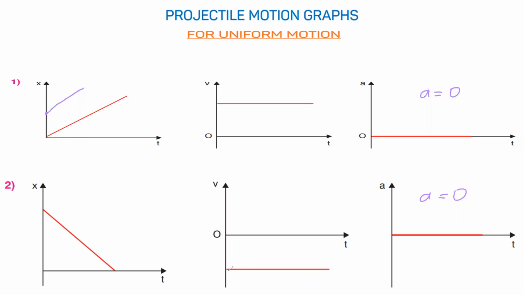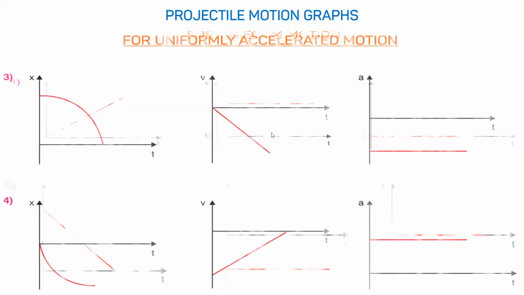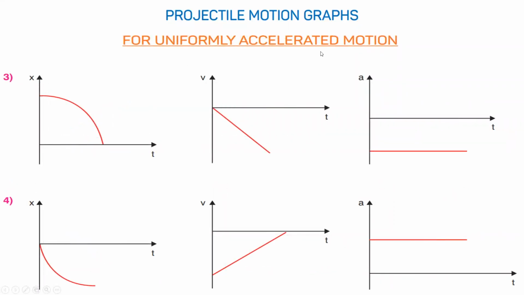And then another option, your velocity is negative but constant, you are coming back. Okay, so for example, from 10 meters up, you're coming down to 0 meters. Uniform motion means acceleration is 0, velocity is constant. But for uniformly accelerated motion, now you have acceleration. You have two options, acceleration is negative or acceleration is positive. If acceleration is negative, velocity is decreasing, as you see, from 0 to negative.